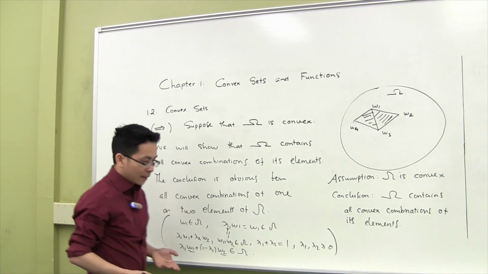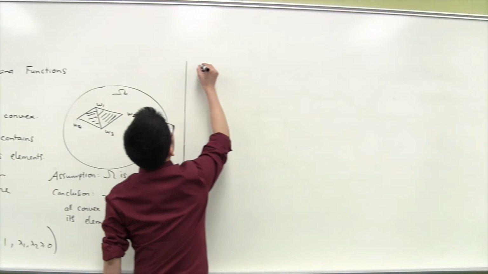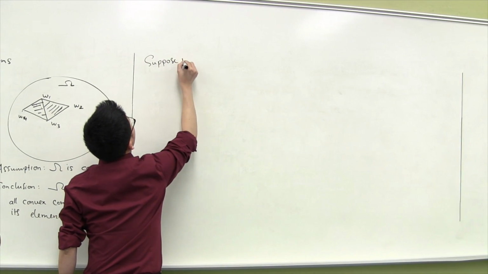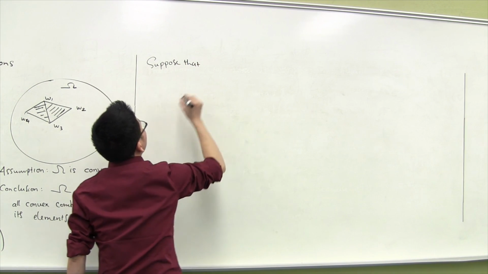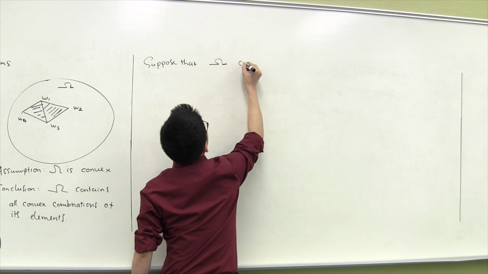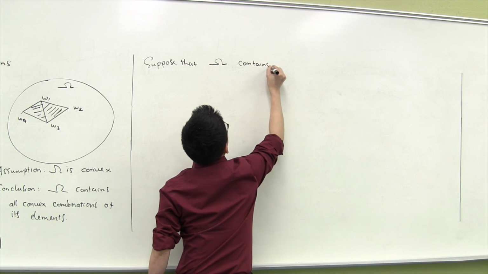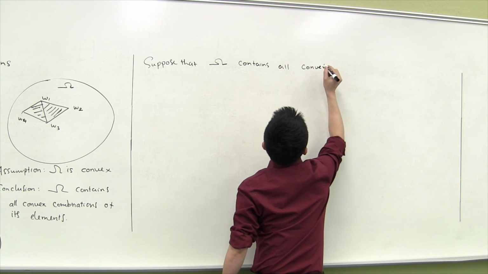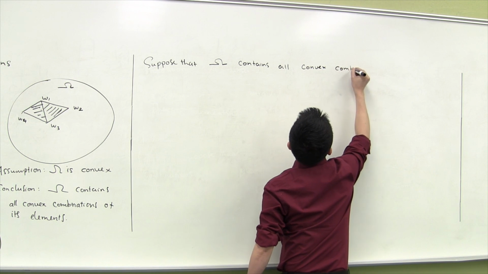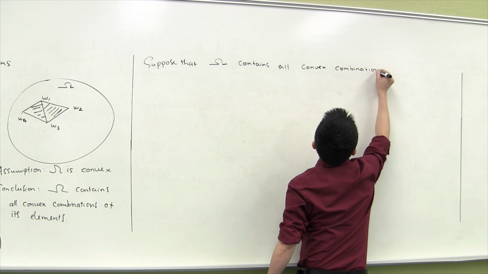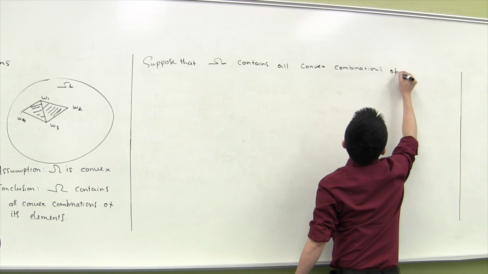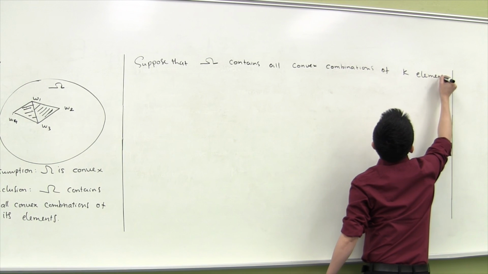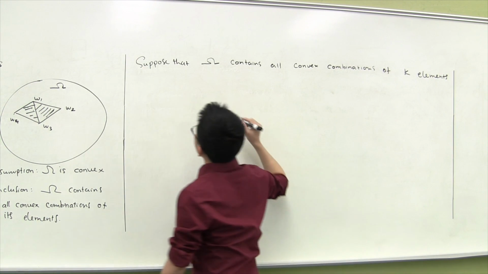Okay, now suppose that omega contains all convex combinations of k elements of omega.